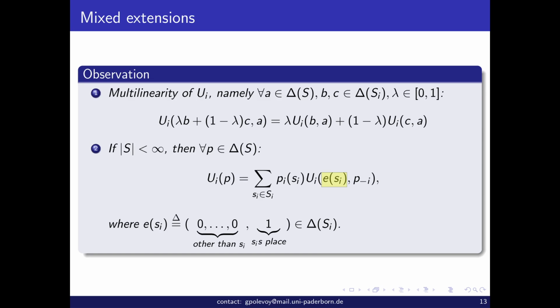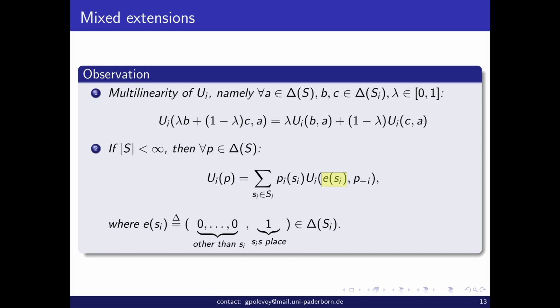So we look at what happens if the player plays with probability 1 si, against the same mixed strategy of the others, P minus i, and we weight that with the weight that si should have got, pi of si.